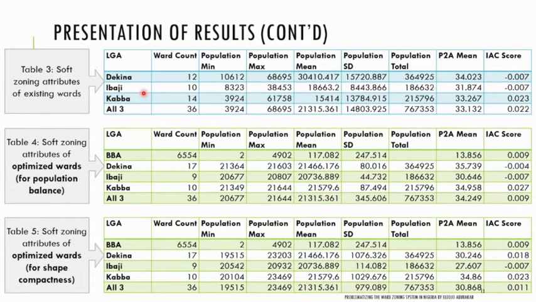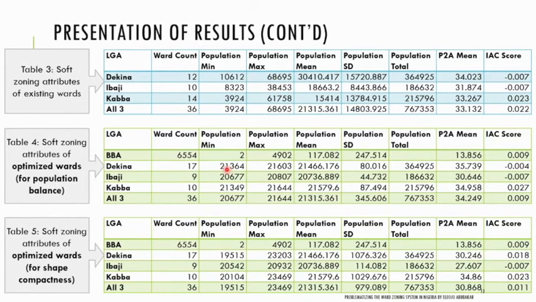For instance, if you take this local government called Dekina, the smallest ward has 10,612 people currently by the data, and the biggest ward in that local government has about 68,000, which is like 5 times.